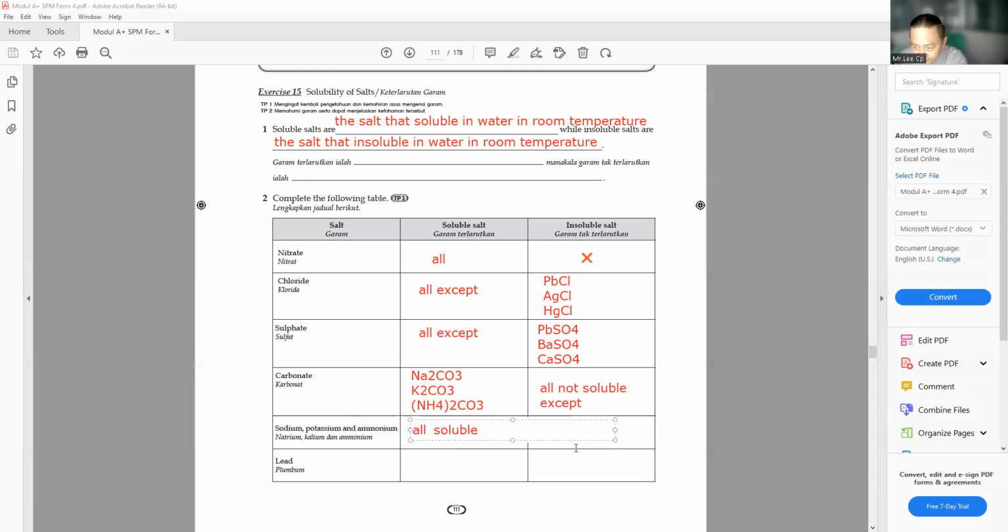Soluble. This one no. No, don't have. Lead. Soluble. What lead is soluble? Give me one. Think of it. You know one. What is soluble?